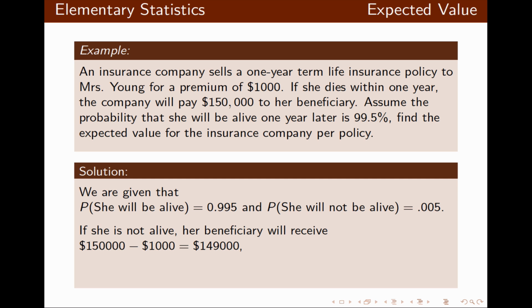If she is not alive, her beneficiary will receive $150,000 minus $1,000, of course. So the beneficiary will receive a net gain of $149,000. And if she is still alive, she would lose her premium amount of $1,000.